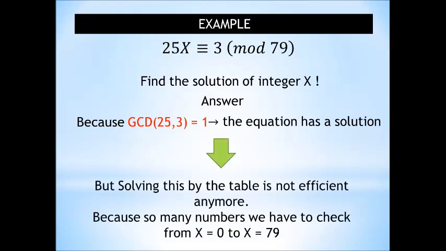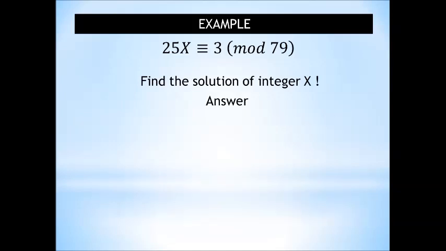So, solving by the table is not efficient anymore, because we would have to check so many numbers, from x equals 0 to x equals 79. Next, we must first consider the value of x from the equation 25x ≡ 1 mod 79.